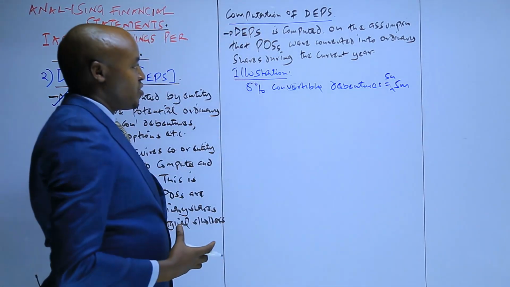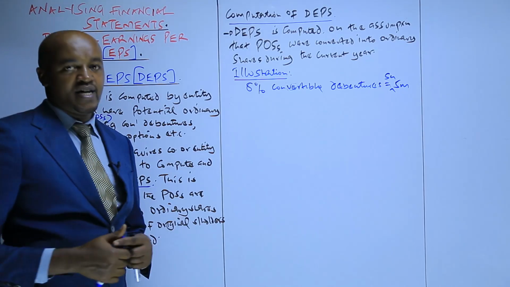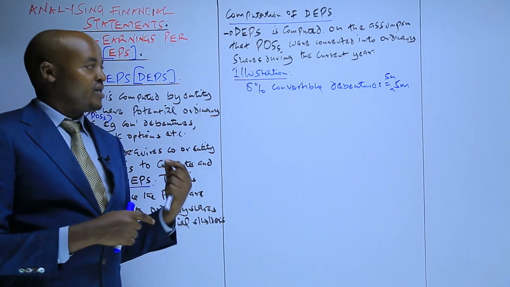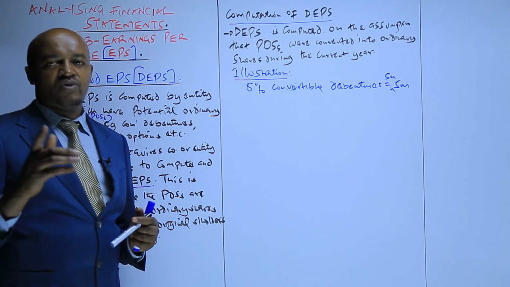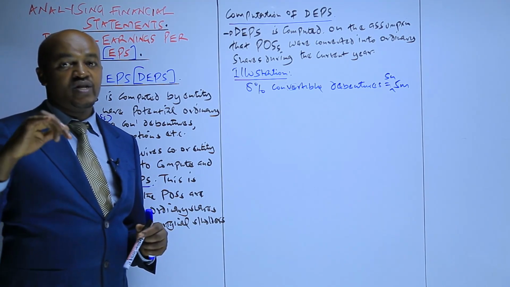So for us to be able to compute the diluted earnings per share given such information, we assume that these particular convertible debentures were converted into ordinary shares during the current year.